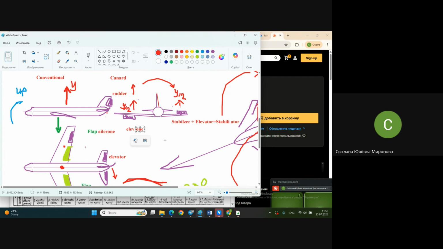In case we have a tailless airplane, more probably it will be an elevon. It's a merging of elevator and aileron in the same surface. So from time to time they are used like ailerons, moving up and down, and from time to time they are used like an elevator when both surfaces hinge either up or down.